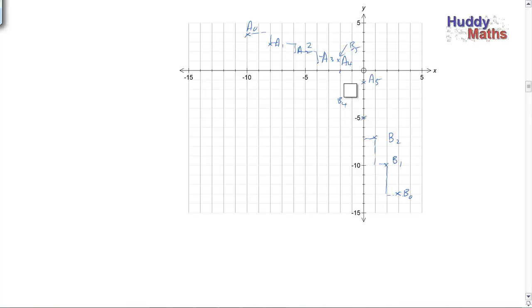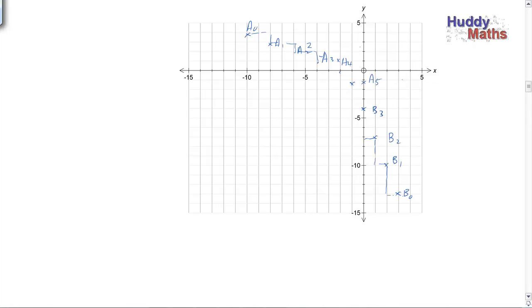So we have, hang on, let's just check this one. Neg 1, 3 shouldn't have been there. Neg 1, 3 should be there. And neg 1, 3 should be there. Okay.